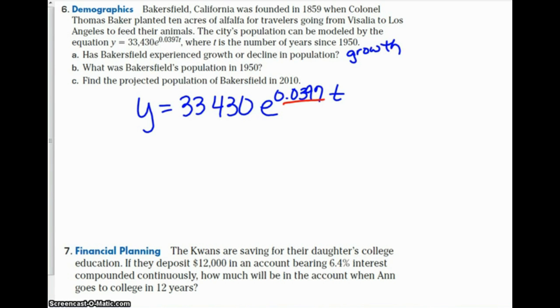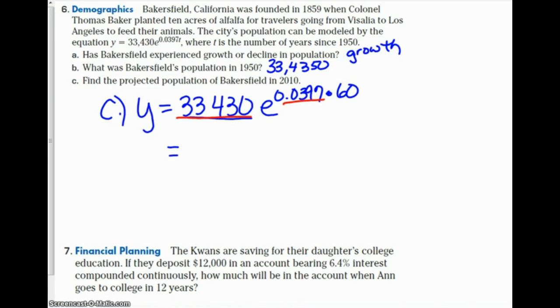Remember how this is our starting value right here as well? That starting value is where it would be when this particular value starts. So in 1950, it asks what is the starting population in 1950? Well, that was our starting value. Here, all we had to do for part c is, instead of this t, add in our time, which was 60 years.